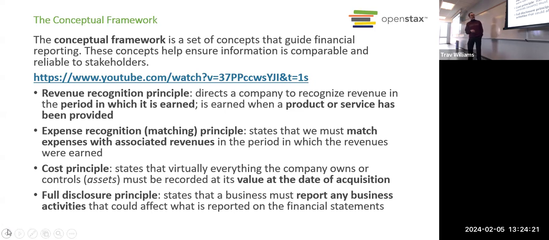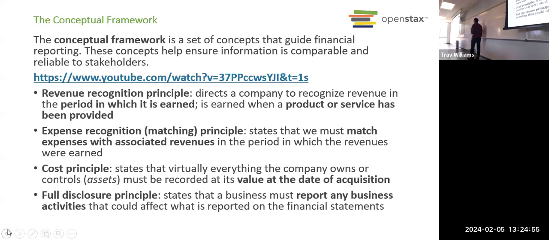Right. So the third one, the cost principle. This is pretty simple. It says when a company buys something, that amount that they paid is what's reflected in their accounting records. So if the company bought a building for $500,000, they would go into their accounting records and under their building account, they would put $500,000 as the amount of building that they just bought, okay?